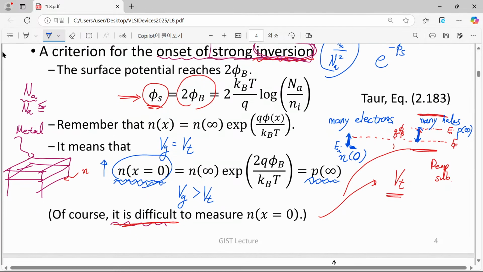So this is the case. Please remember that we have to have 2 times band bending. Why do we have 2 times band bending? This number 2 is used in this way. Number 1 is just bending EI to the Fermi level once, and another one is used to further bend it downward by the same amount. So in order to invert it, we need it twice.